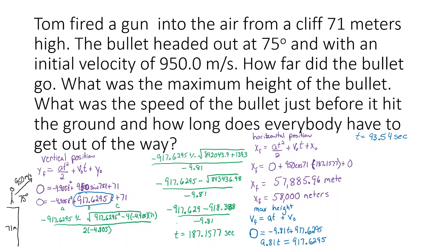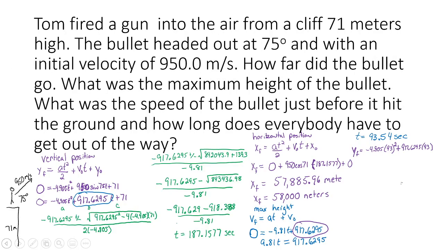But now I want to find the max height, so we're going to plug this back into the vertical position equation, which I had just a bit ago, as being position final in the y direction equals negative 4.905 times 93.54 squared, plus the initial velocity we grabbed from right here, 917.6295, times our 93.54. Oh, and that first one was supposed to be squared.